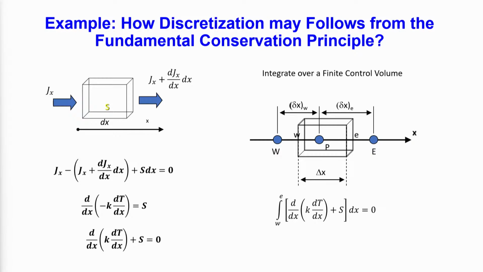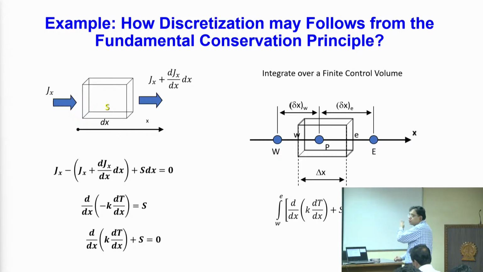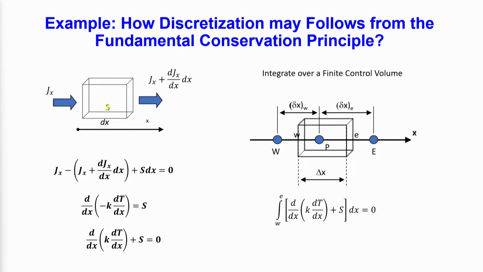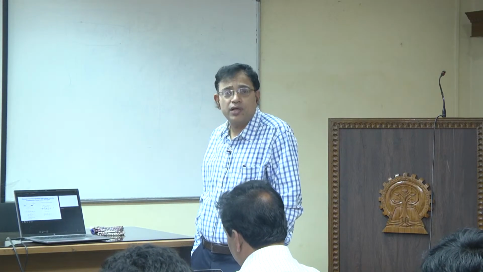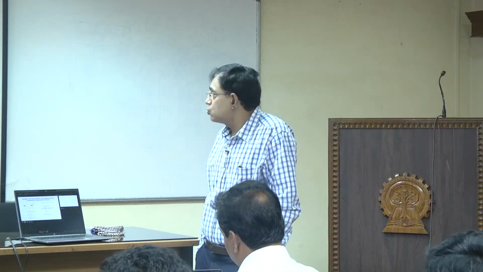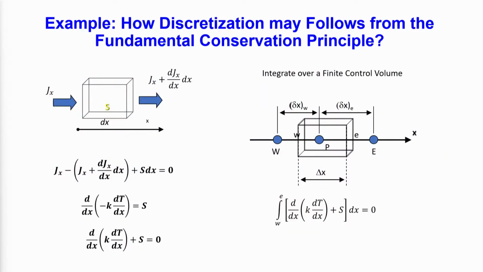If you are going from left to right, it is as if we are going from west to east. So, the left face is west and the right face is east. So, W and E, but the name of the face is in lower case, small w and small e, and the main nodal points or grid points are in capital letters. Whatever is the next nodal point, it is capital E in the east and capital W in the west, and this is the nomenclature.